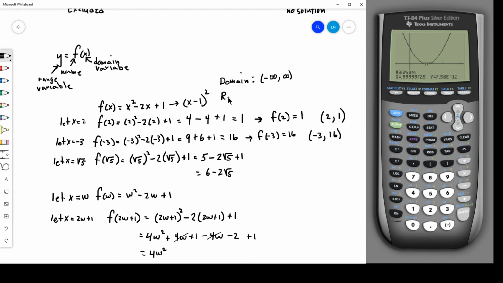The range we can get from the graph or we can get from the algebra. The lower limit is 0, and that is included. The upper limit is positive infinity.